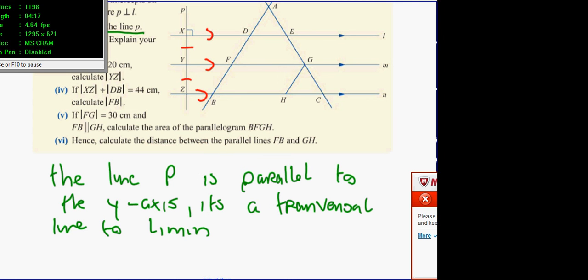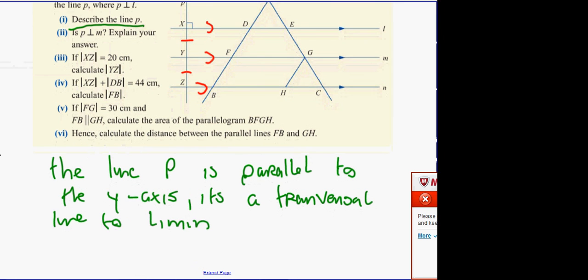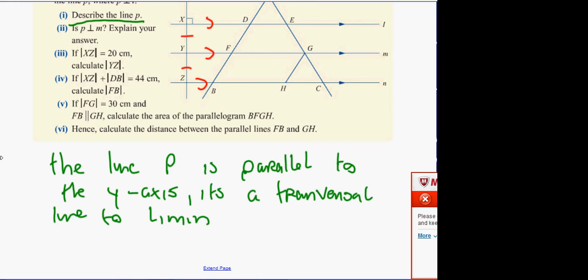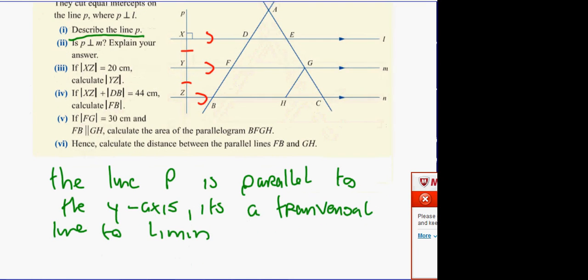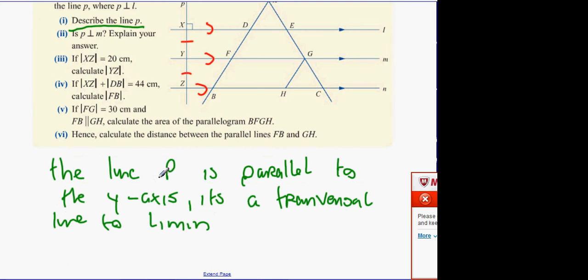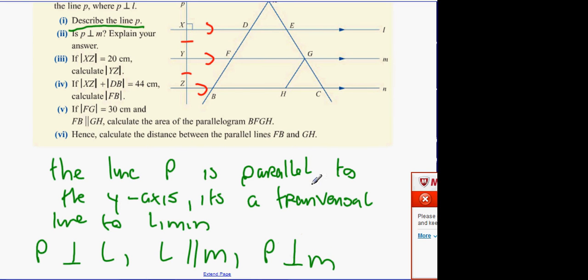Okay, the next one is, is P perpendicular to the line M? It is perpendicular to the line M because P is perpendicular to the line L. P is perpendicular to L. And L is parallel to M. This means that P has to be perpendicular to M. Do you understand what I mean there?